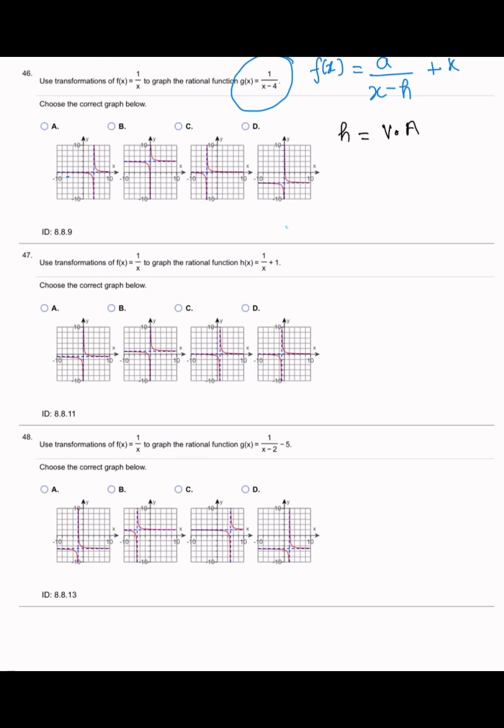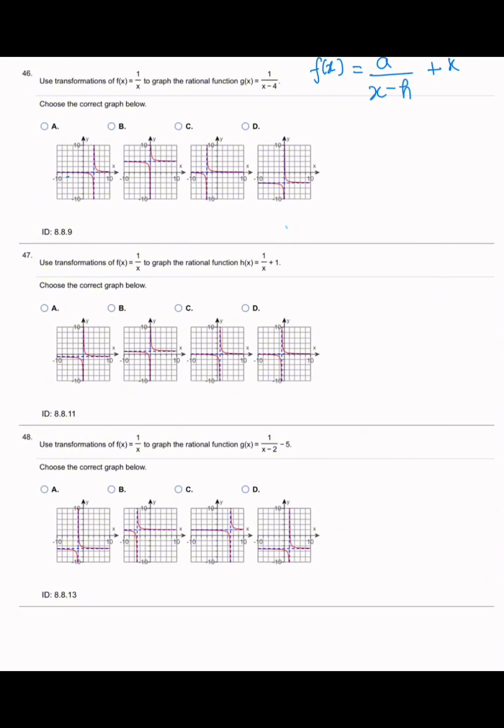Now, if we put x equals h, then the denominator becomes 0 and we get a vertical asymptote. Remember, an asymptote is a line that your graph tends to approach, but it cannot actually touch that line.